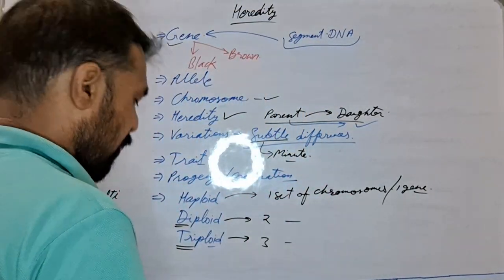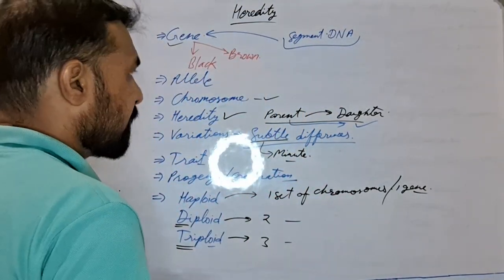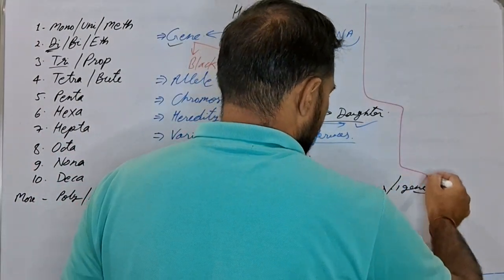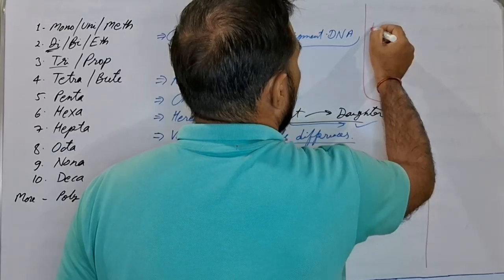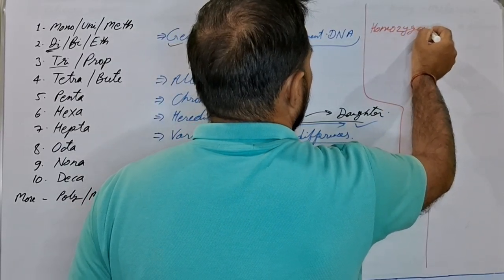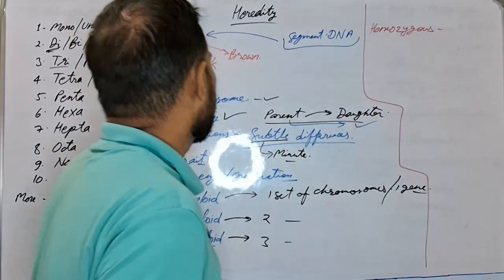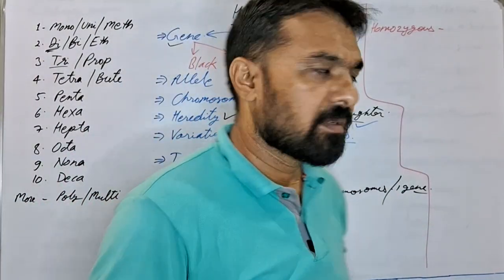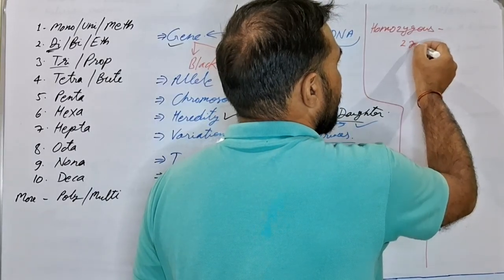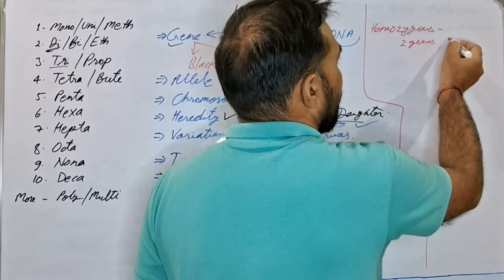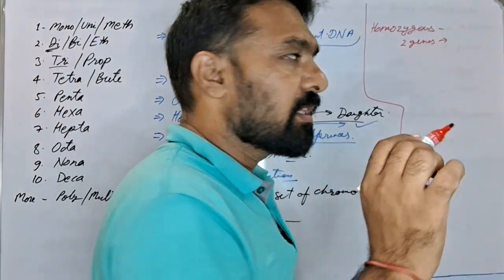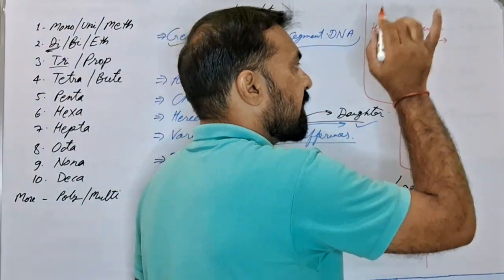Next term is homozygous. What is homozygous? Homozygous means the condition in which two genes are present for one character, but both the genes represent the character in the same way.